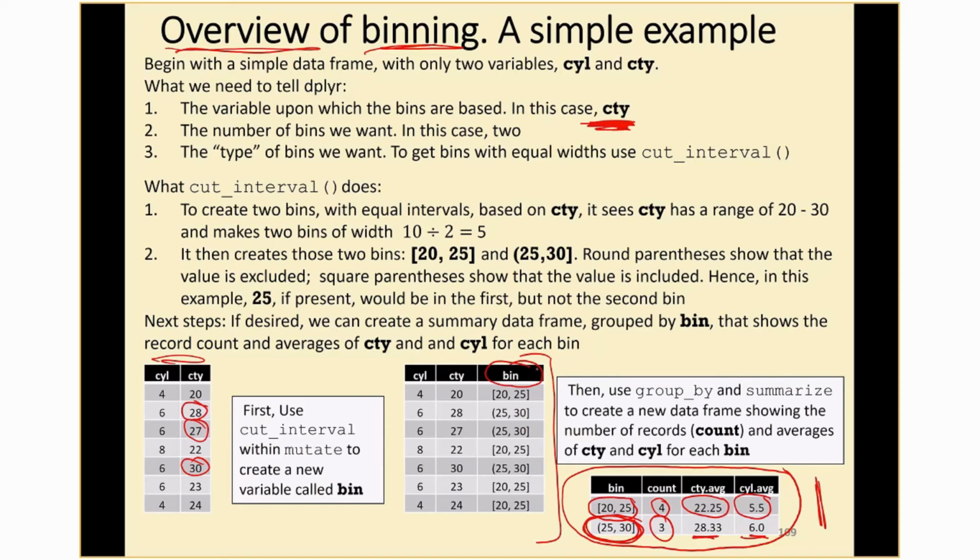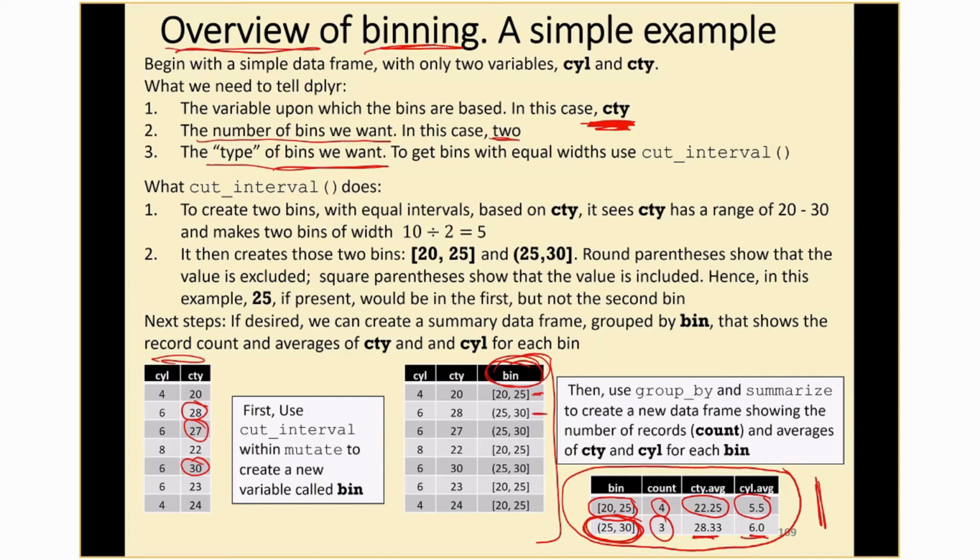Second feature of this variable bin is that we need to indicate the number of bins that we want, and we want 2 bins. And the final thing we have to indicate is the type of bins we want, and we want bins with equal intervals. So in other words, the difference between 20 and 25 is 5, the difference between 25 and 30 is 5. So, how are we going to do this?